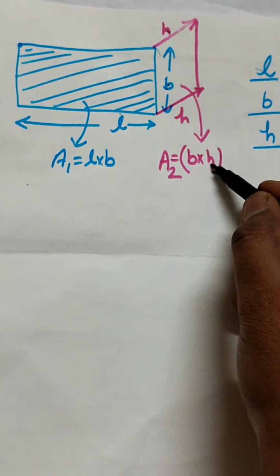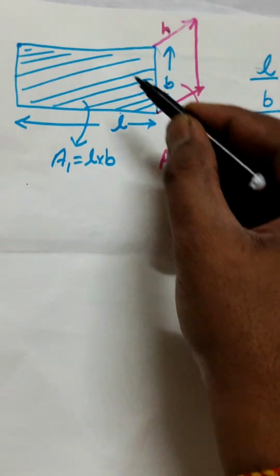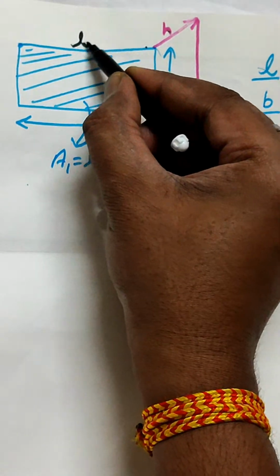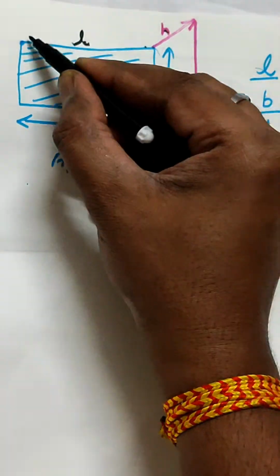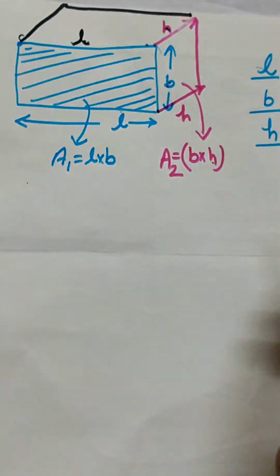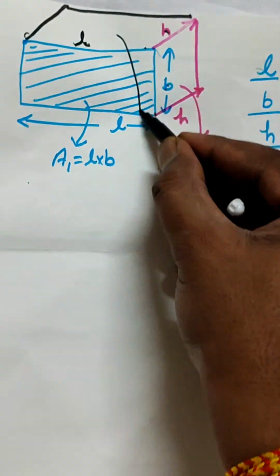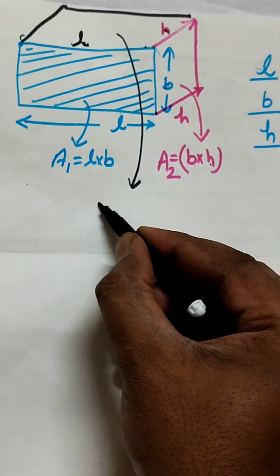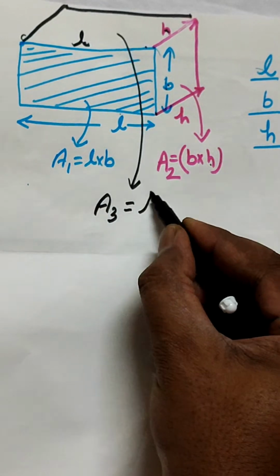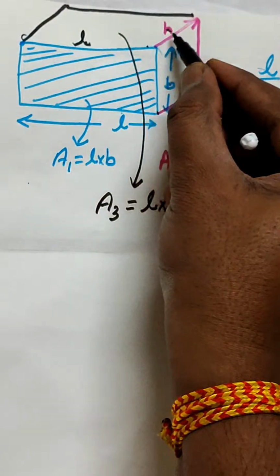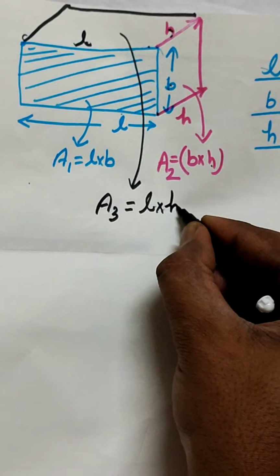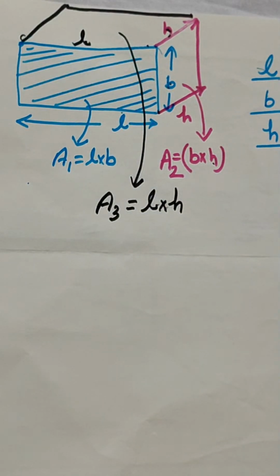When this L is multiplied with this H, then this area will be formed, which is A3, the third face, equal to L into H.